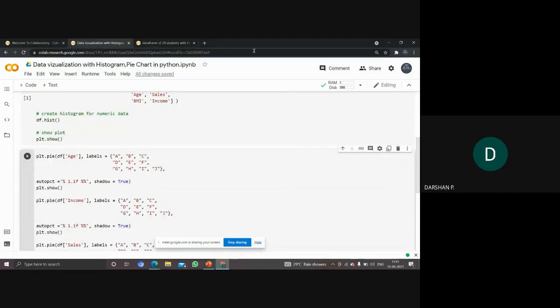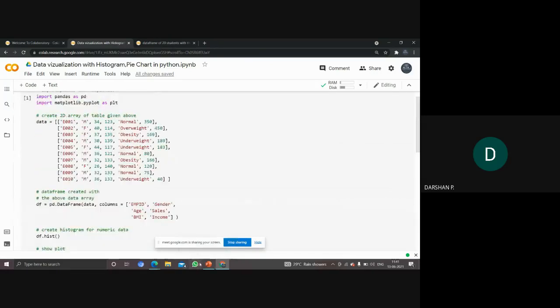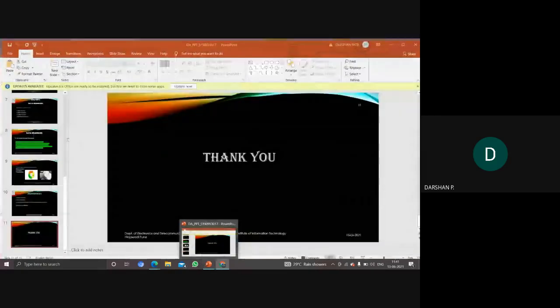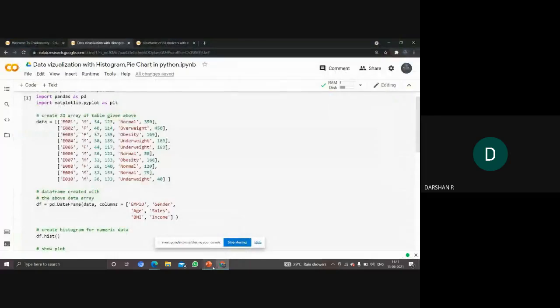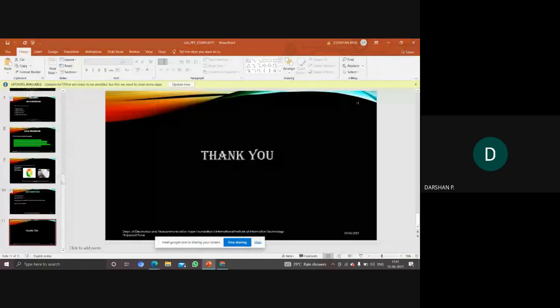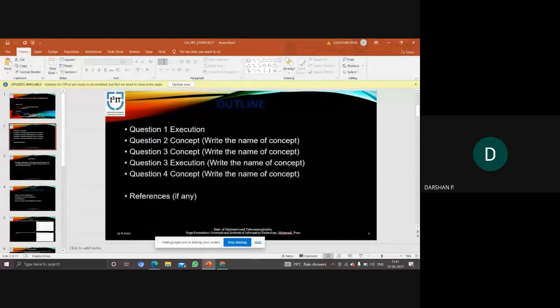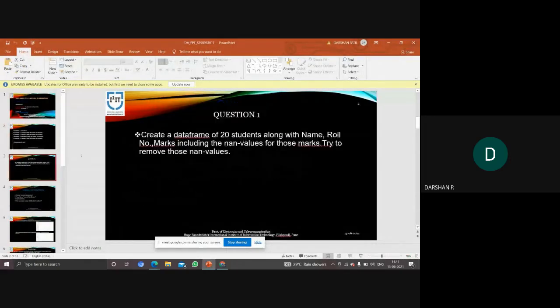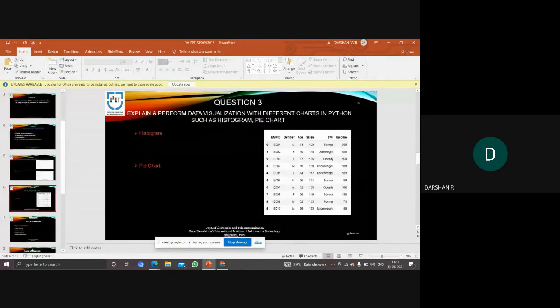So what is data visualization? Data visualization is the process in which the whole data is given in the form of a graphical statement.